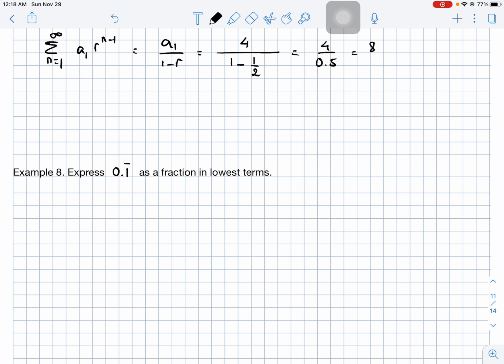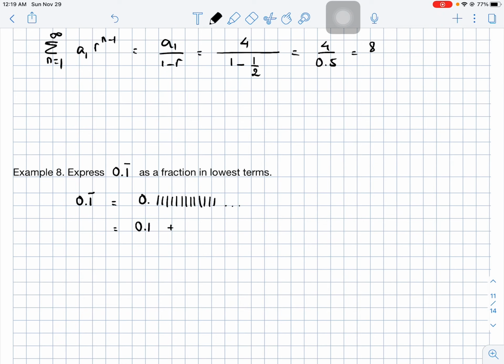Example number 8, express 0.1 with the bar on the top as a fraction in lowest terms. 0.1 with the bar on the top means 0.1111111, so the one just keeps repeating and goes forever.